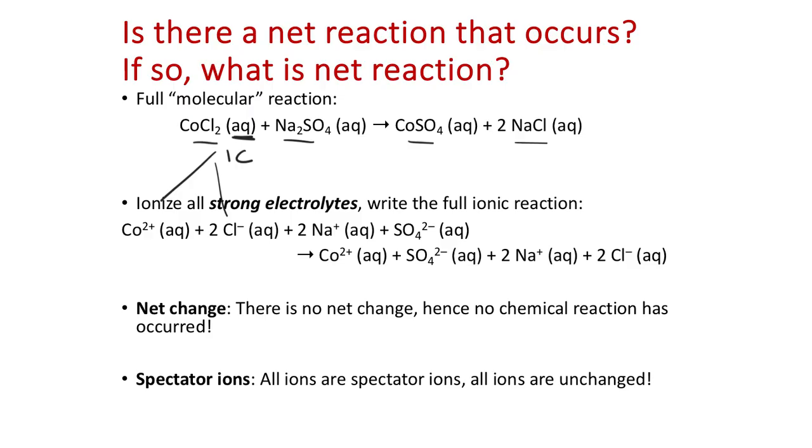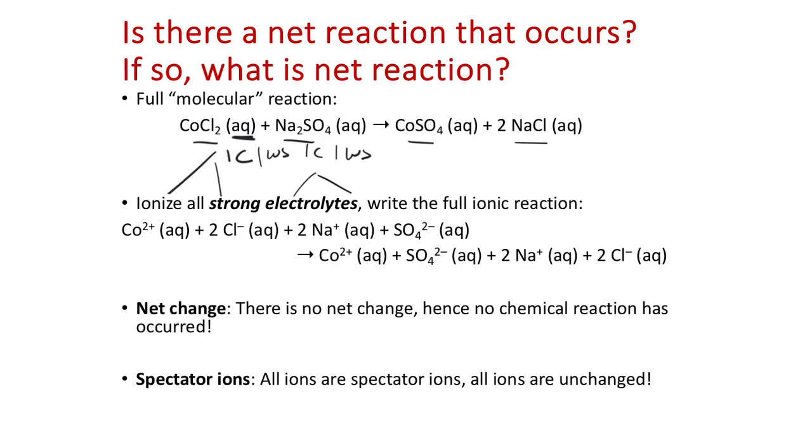So we ionize all the strong electrolytes. We just want to make ions out of all the things that are strong electrolytes, which all of these compounds are: ionic compounds, and they're all water soluble. So if it's a water soluble ionic compound, then it has to be fully dissociated into its ions in solution. So the sodium sulfate would be 2 Na+, 2 sodium ions, and then a sulfate ion.